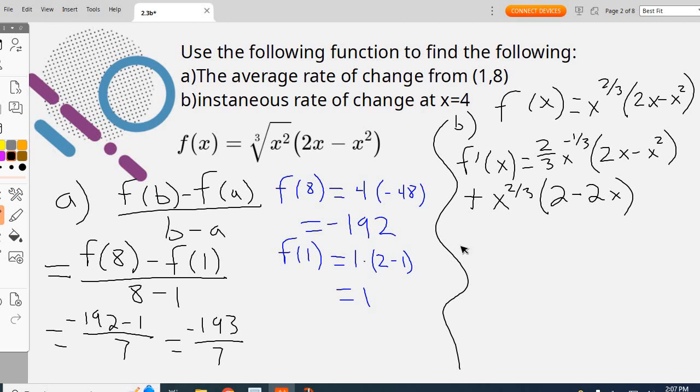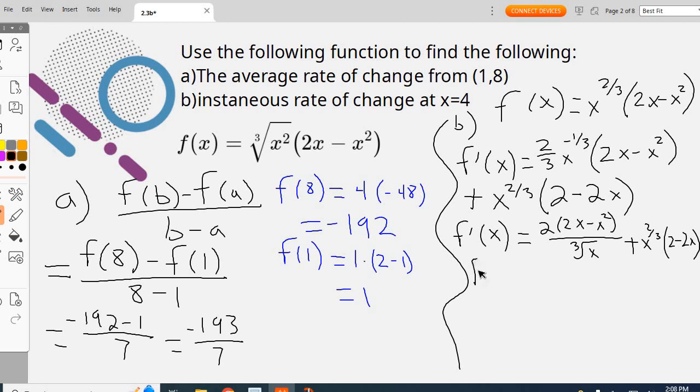If we cleaned that up just a little bit, we would get 2 times 2x minus x squared divided by the cube root of x, plus x to the 2/3 times 2 minus 2x. You could also write that as the cube root of x squared. And then what do they ask us to do with that?